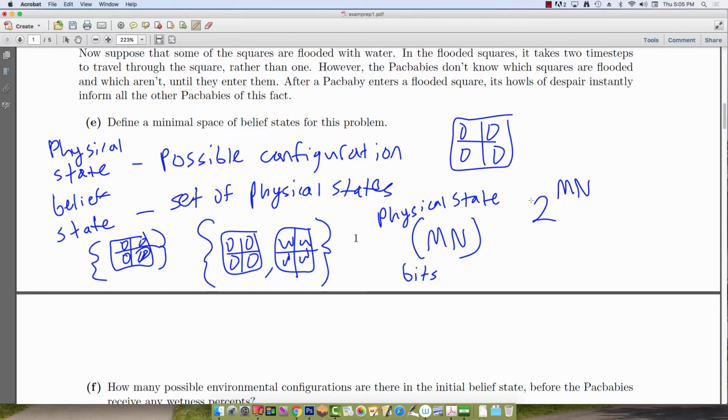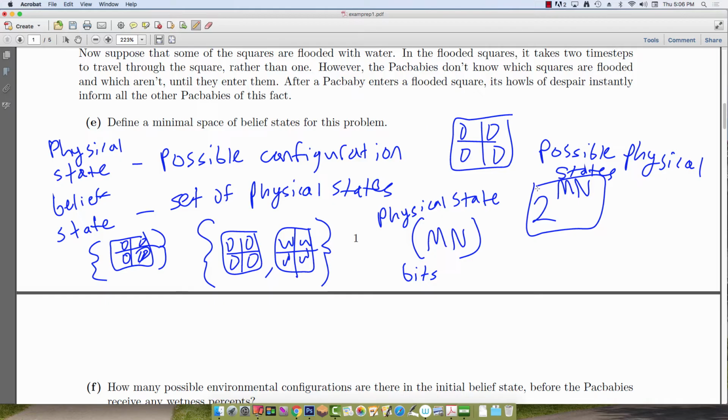So this is the total number of possible physical states: 2 to the mn, because each bit could either be true or false, or wet or dry.